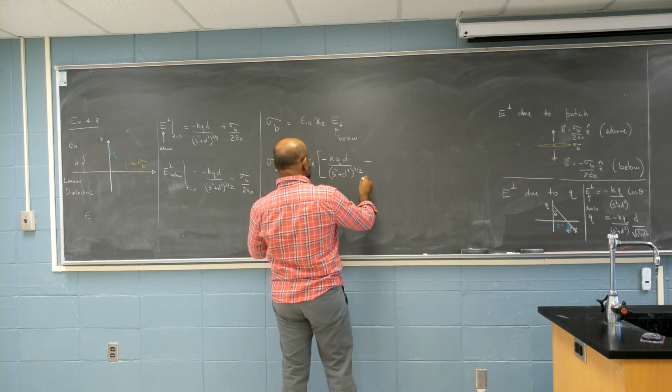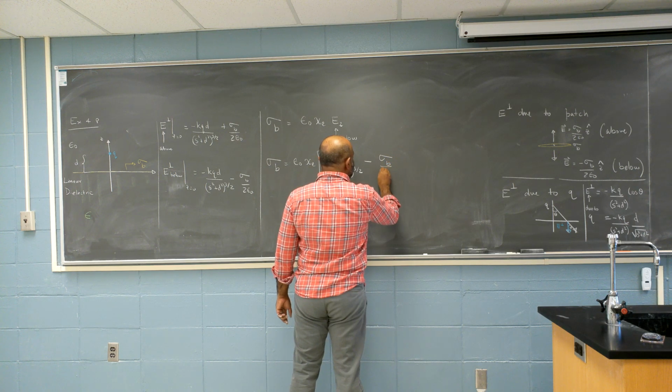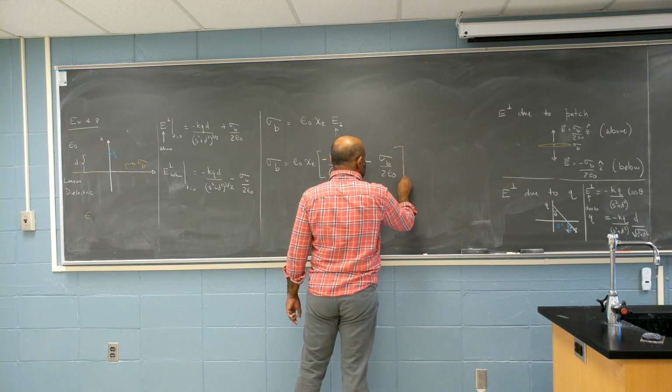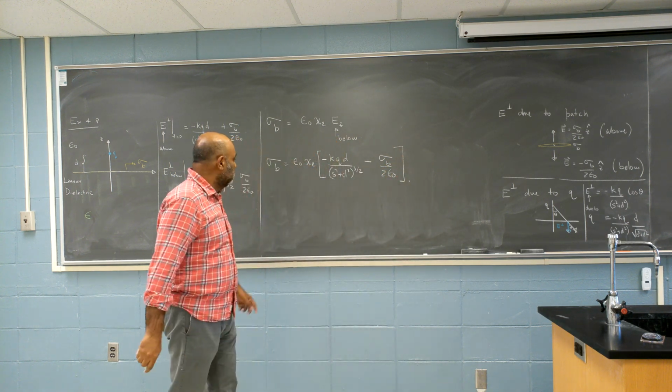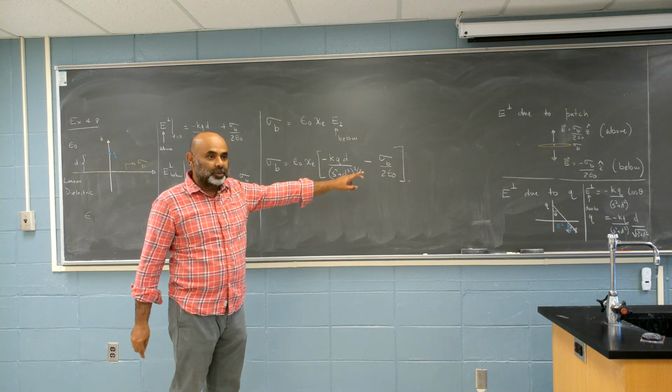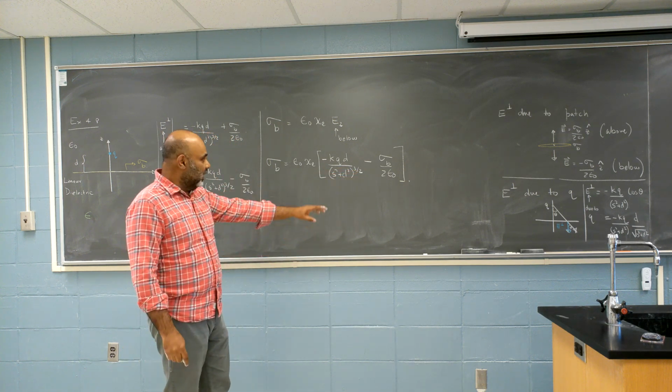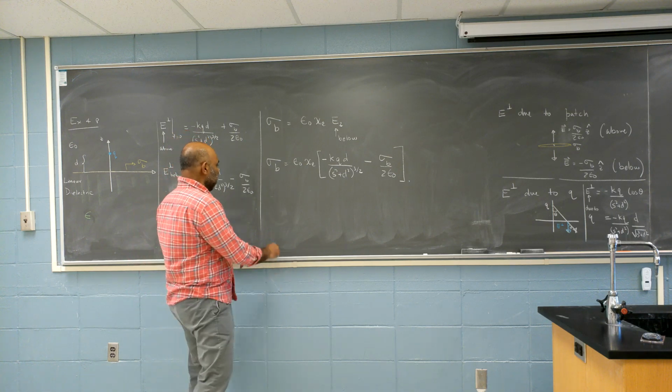Let me just leave the negative here. I can bring it to the other side. Sigma bound is given in terms of sigma bound. Well, that's okay, I can solve for it. We can do algebra.